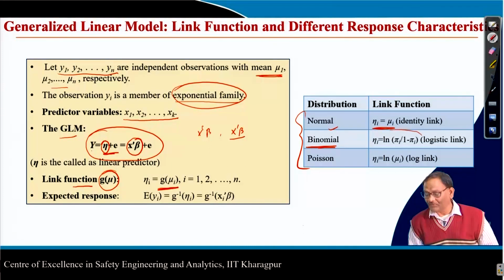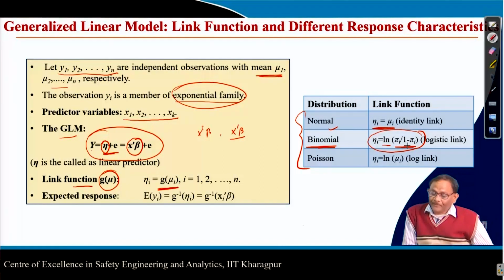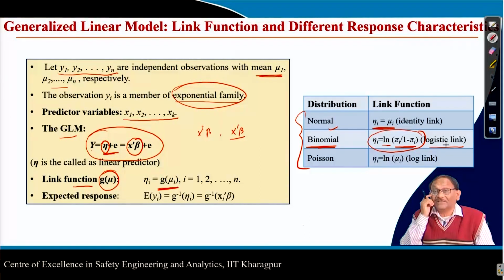Then the link used is eta equals log of pi i by 1 minus pi i, where pi i is the probability that it belongs to that particular group, with 1 or 0. This kind of link is known as the logistic link, and that is why you find logistic regression.